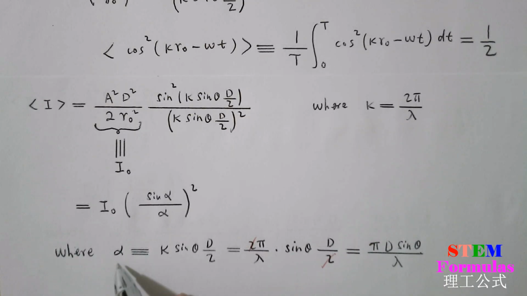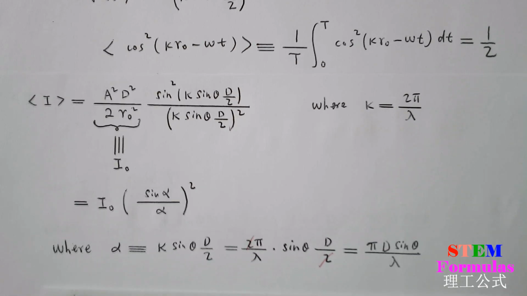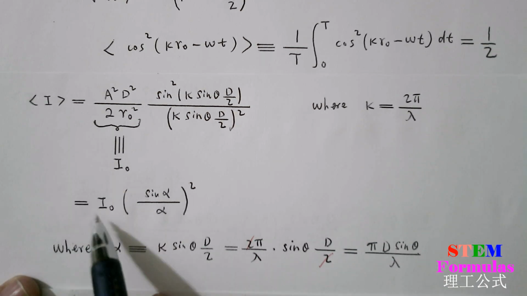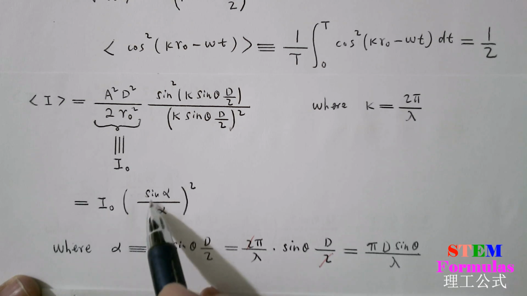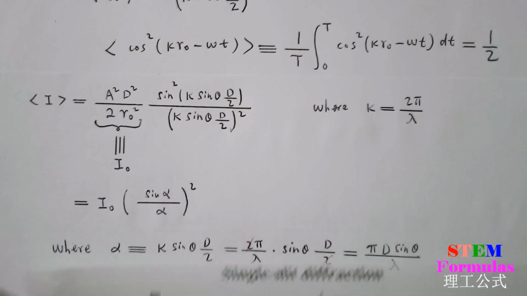This is our original formula from the beginning. So alpha equals this quantity, and the light intensity at arbitrary angle theta equals I0 times sine alpha divided by alpha, squared.